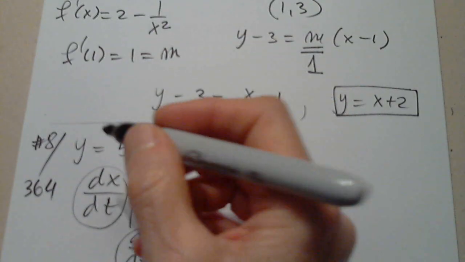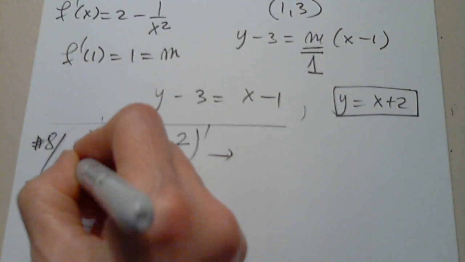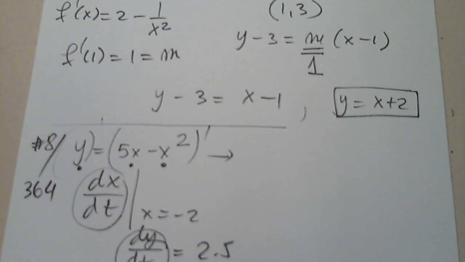So when I differentiate implicitly here, I put a dot underneath, just to remember that this is not a variable. y is a function of t, x is another function of t.